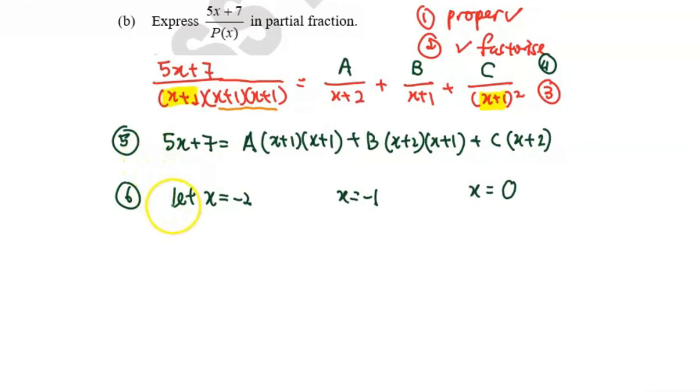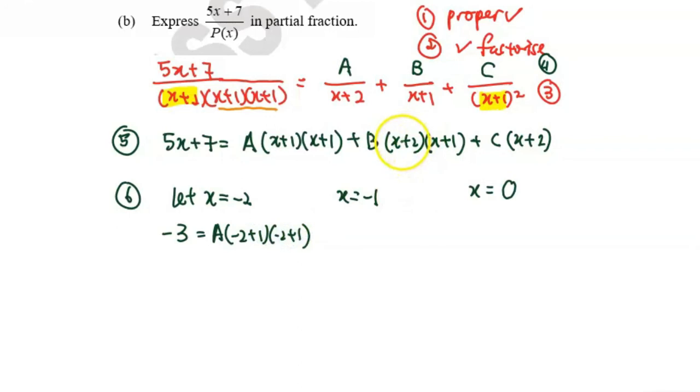Now we are going to find the values of a, b, c. We will substitute x equals to negative 2 into the equation here. When x equals negative 2, the left side will equal negative 10 plus 7. Here it will become a times negative 2 plus 1, negative 2 plus 1.